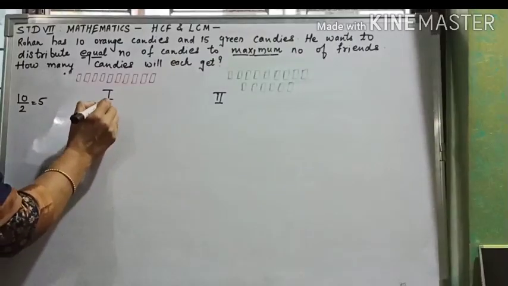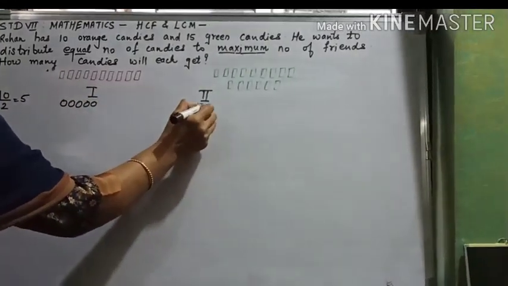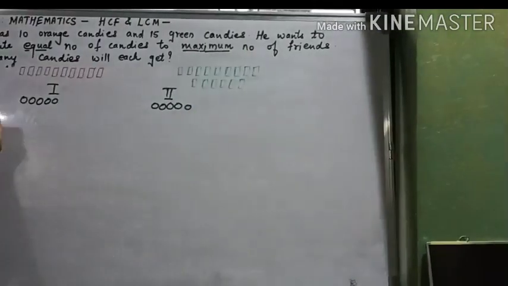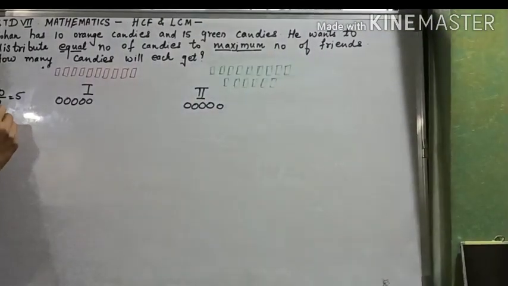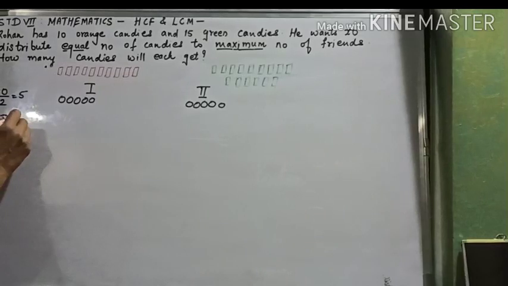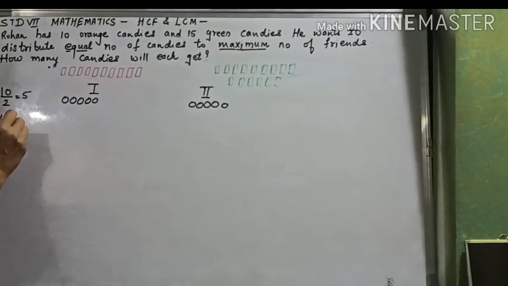So 10 divided by 2. So each will get 5 orange candies and 15 divided by 2. So it is not completely divided. One is left.